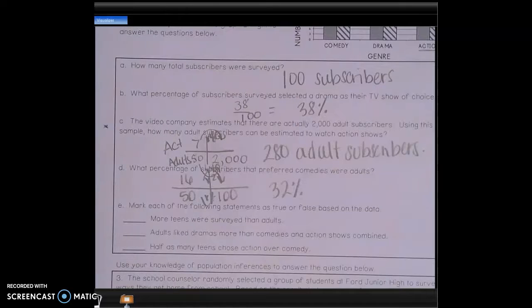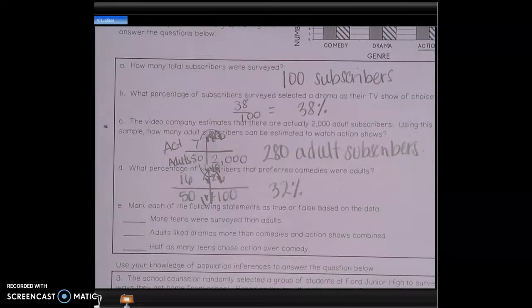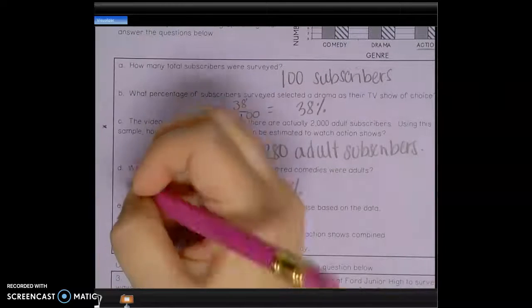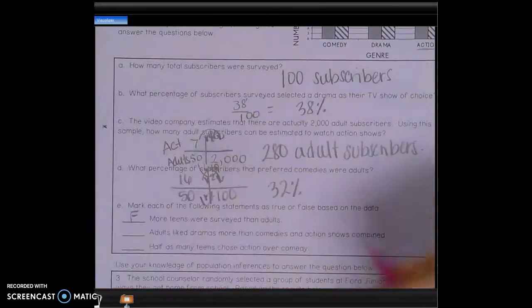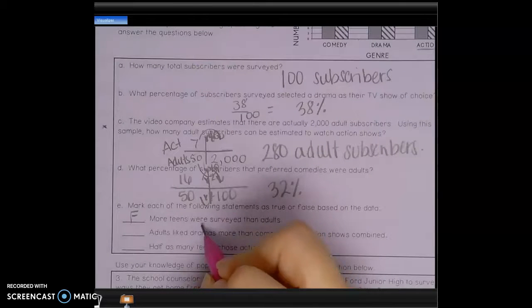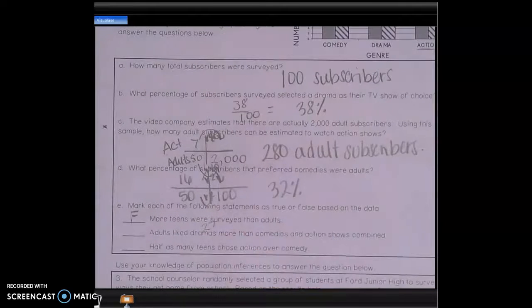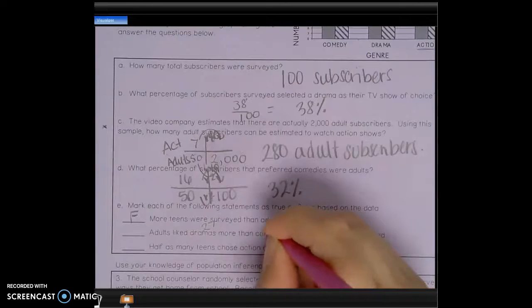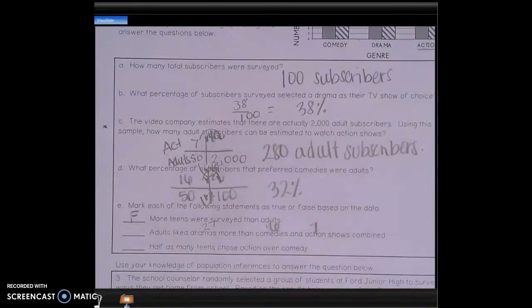Mark each of the following statements as true or false based on the data. More teens were surveyed than adults. That is not true because it was 50-50, so this is false. 50 teens, 50 adults. Adults like dramas more than comedies and action shows combined. So adults have 27 for drama, and comedy and action have 16 and 7, which is 23.